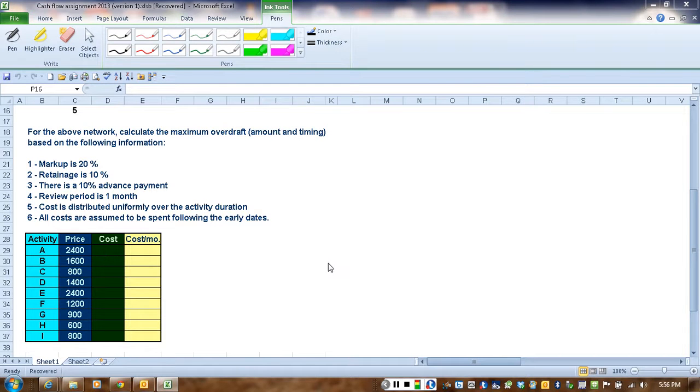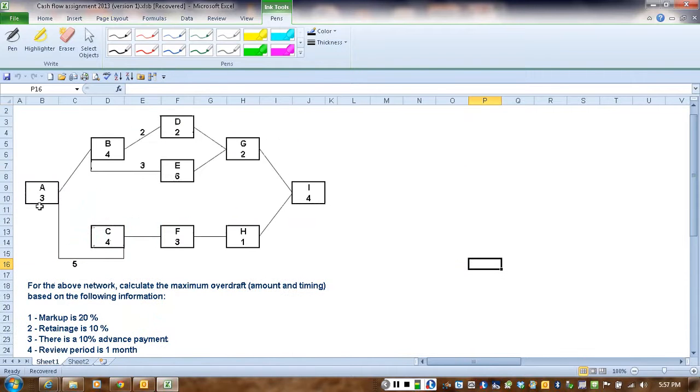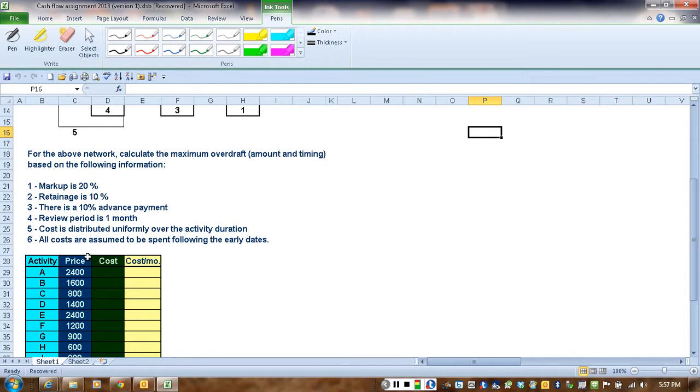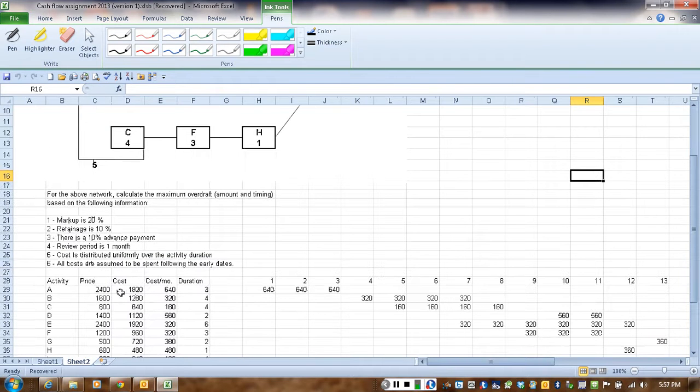And now we have also here at the top, we have durations for the different activities. And this duration, we are going to assume that it is in months. Therefore, in order to get the cost per month, we're going to divide the total cost by the duration. So here, for example, is a very simple example on what we did here.